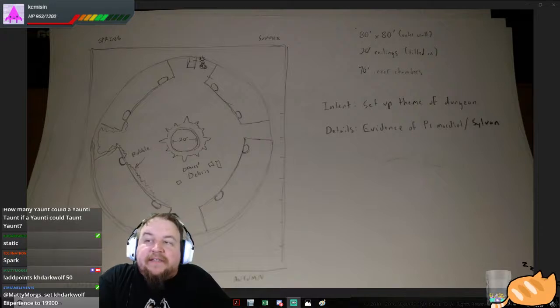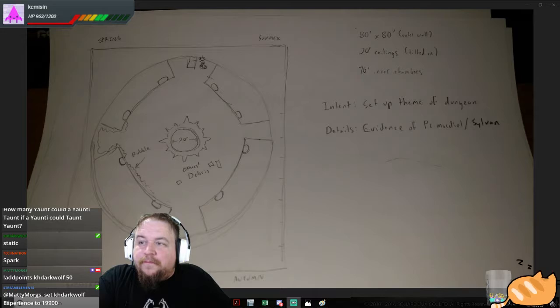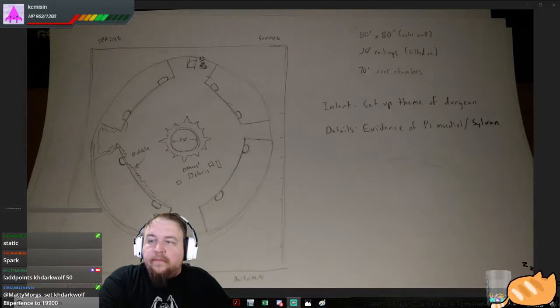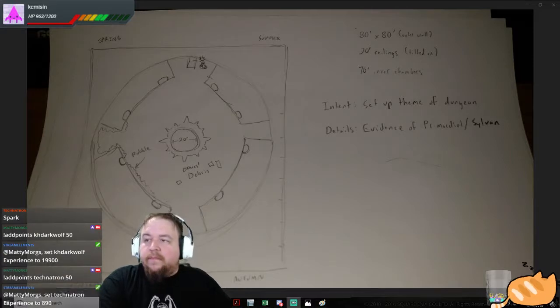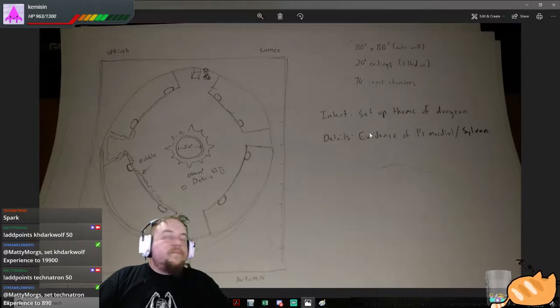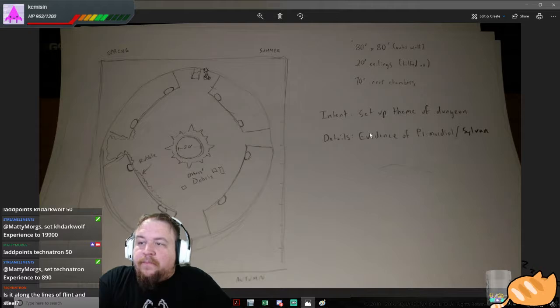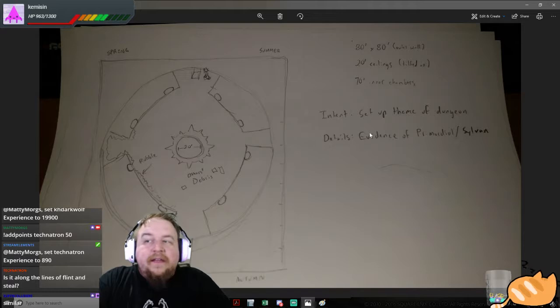And Technotron's on it as well. Kind of Technotron, but it's based in real life, I'll tell you that.